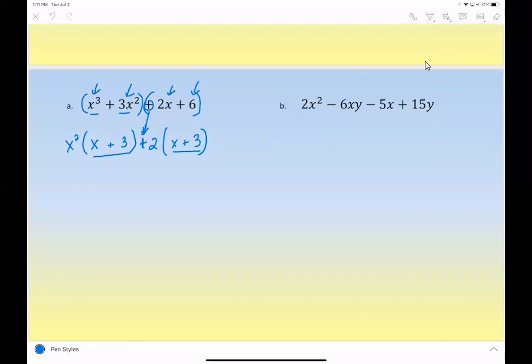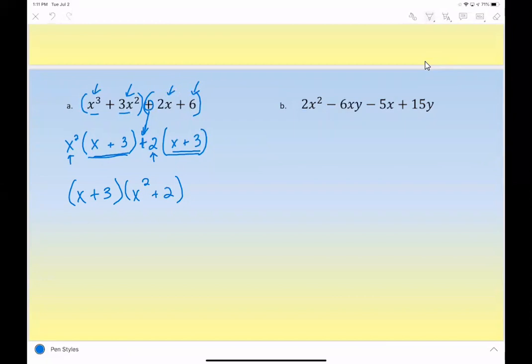Since it's common, x plus 3 is a GCF. Once we remove these x plus 3s, what is left? Well, what's in front, the x squared and the 2, will go into your second parentheses. So now we have the 2 binomials.